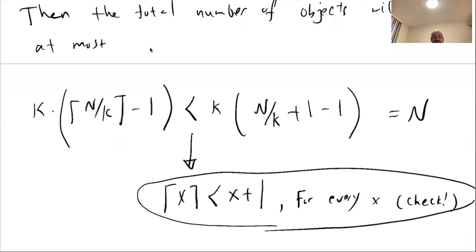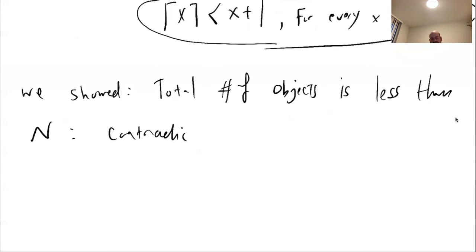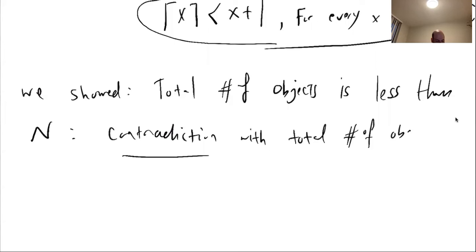The total number of objects is at most this number, and this number is already less than n. So the total number of objects is at most some number which itself is less than n. That means the total number of objects is less than n. And this is a contradiction with the total number of objects being n.